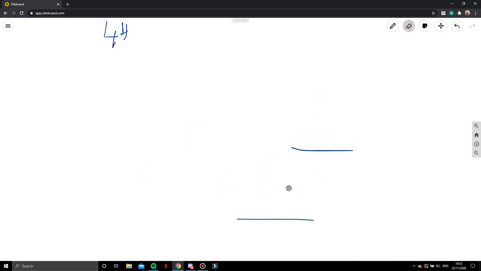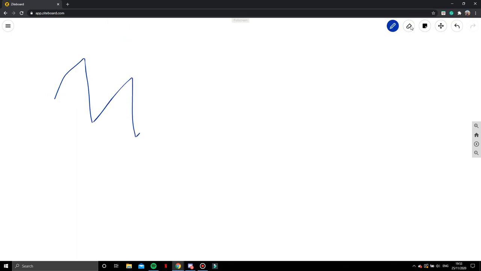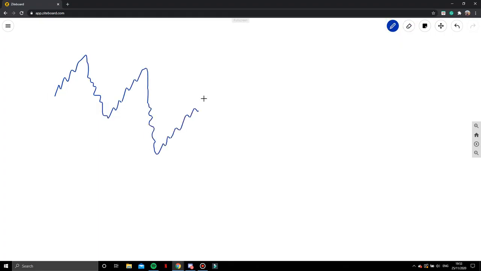Now I know obviously the break of structure and minor structures is a bit confusing, but if you just focus on, like, hold on, let me draw this differently actually. If you just focus on, okay, so imagine these are little candles, right?